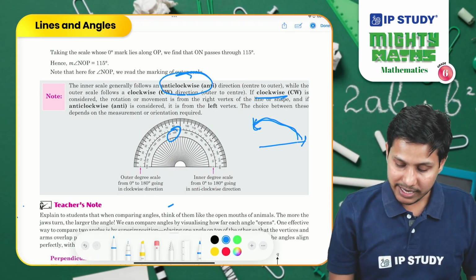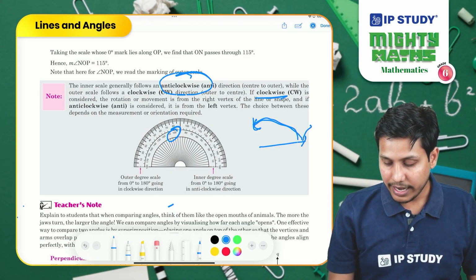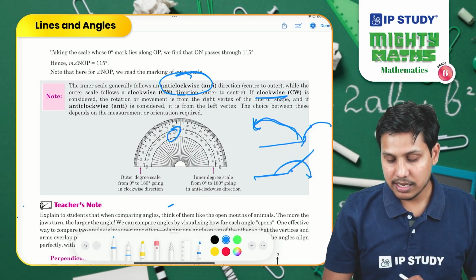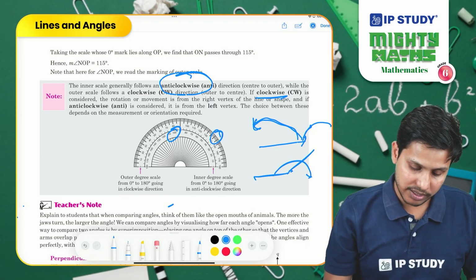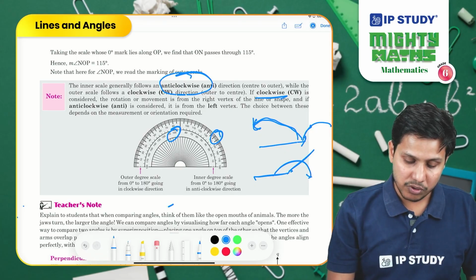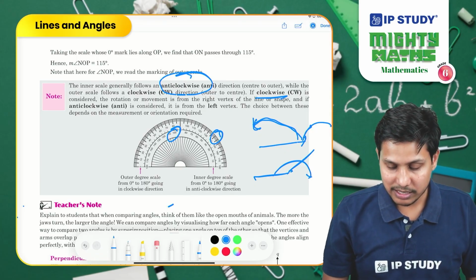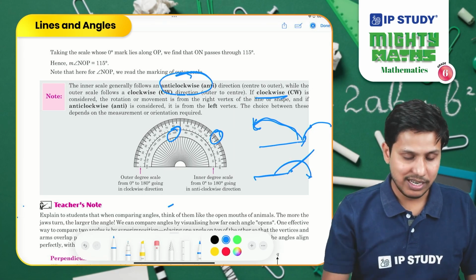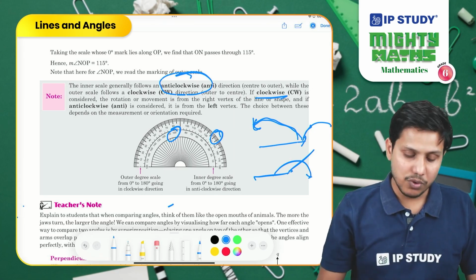And if an angle is rotated in the clockwise direction, let's suppose like this, then we use the outer scale. So the inner scale generally follows an anti-clockwise direction, while the outer scale follows a clockwise direction. The same thing that I have told you earlier.